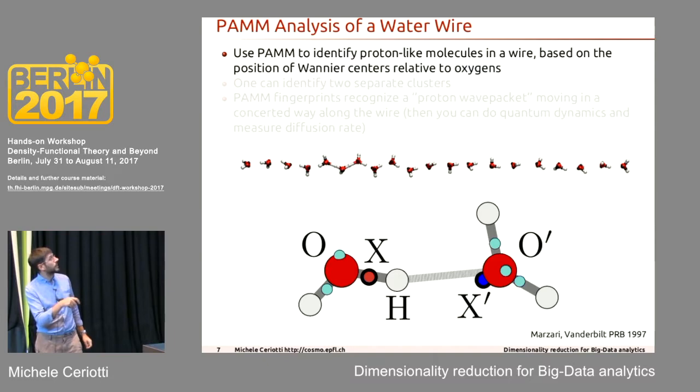And then if you look at a hydrogen bond, you see that typically the Wannier centers around the oxygen atom belong to two categories. You have those that sit halfway between the oxygen and the hydrogen, and these are basically the bonds, and two more that sit closer to the oxygen, and basically these represent the lone pairs.